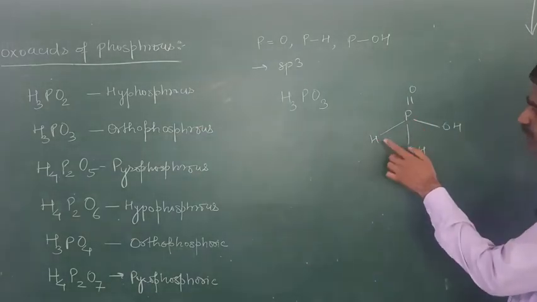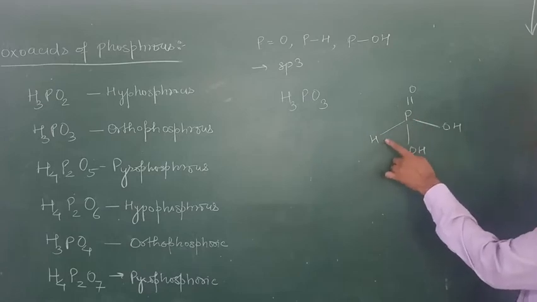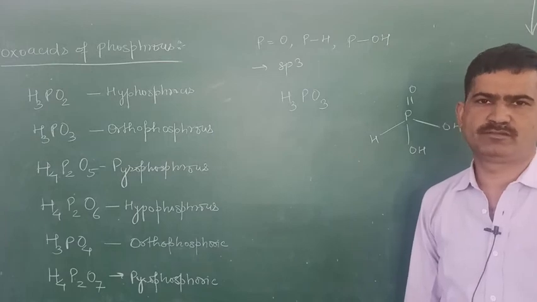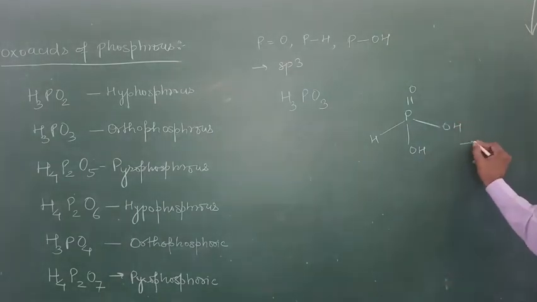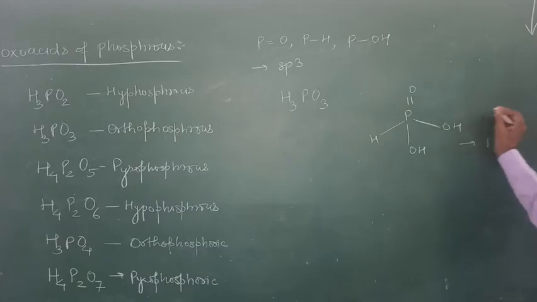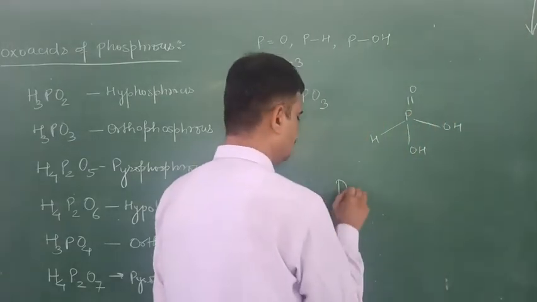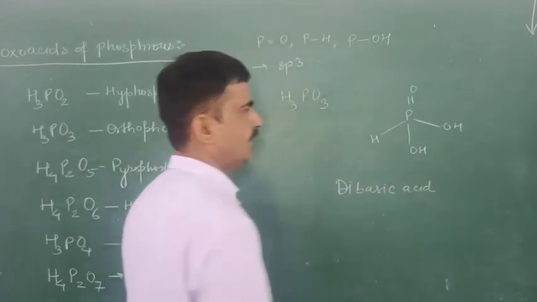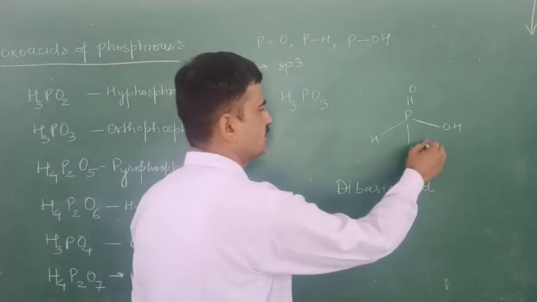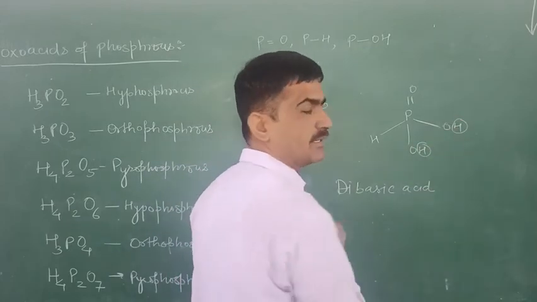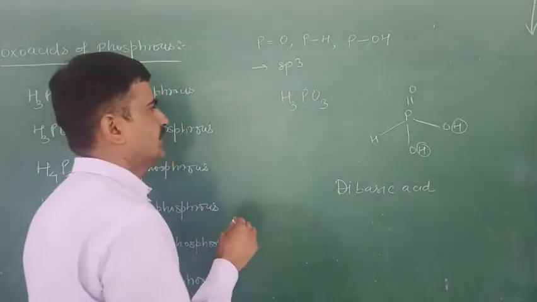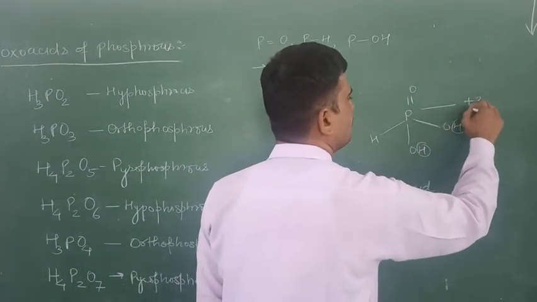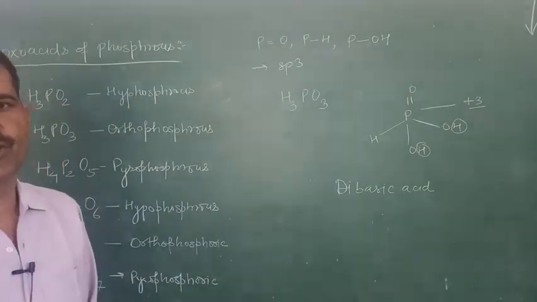On the basis of how many phosphorus-hydrogen bonds are available, we can decide which one is a strong reducing agent or not. And it is a dibasic acid because it has two displaceable hydrogens, and this phosphorus is in +3 oxidation state.